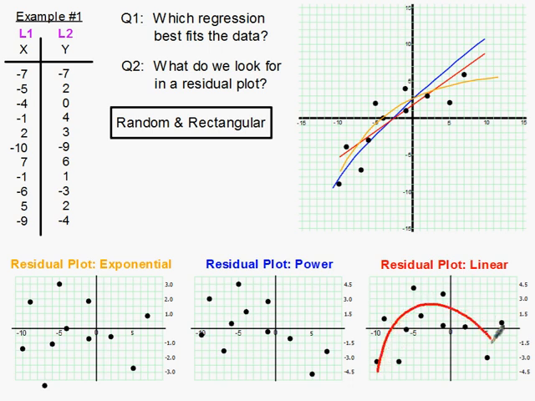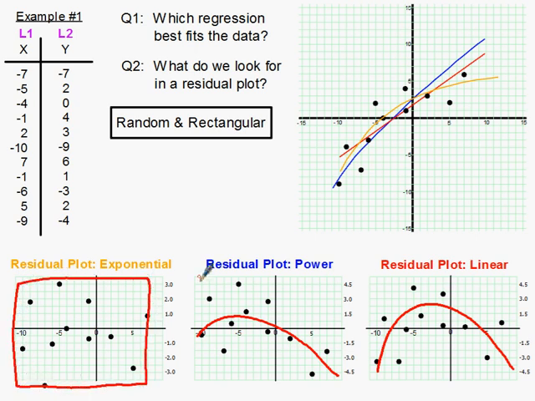There seems to be kind of a pattern similar in the residual plot. Doesn't seem to be as much of a pattern here. If I were to draw sort of a rectangle, these dots seem relatively randomly distributed in this rectangular region. That's what I mean by random and rectangular.